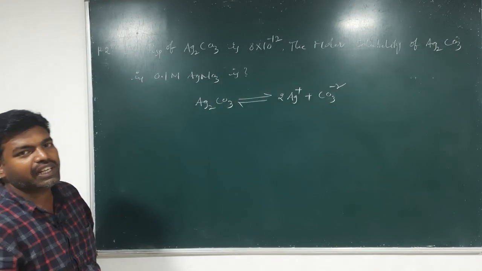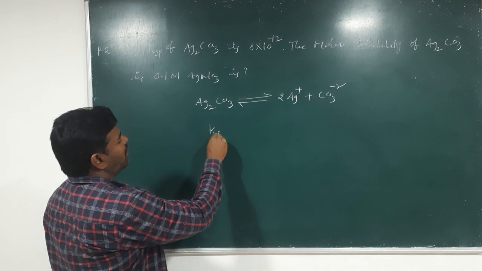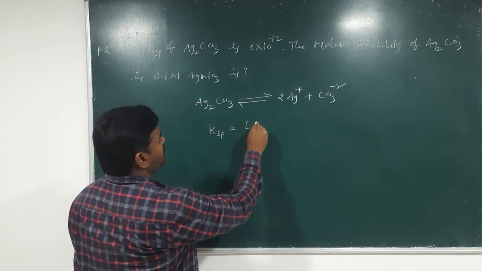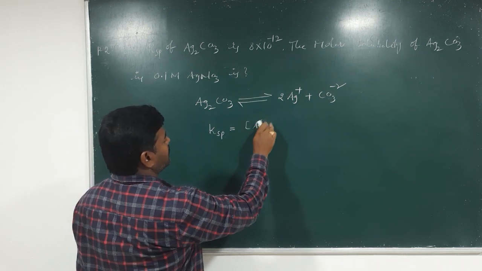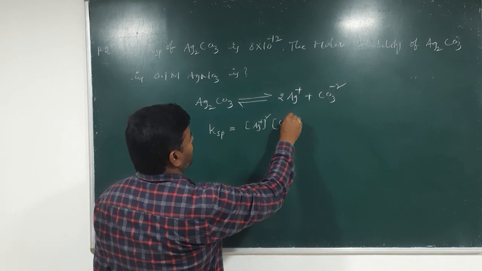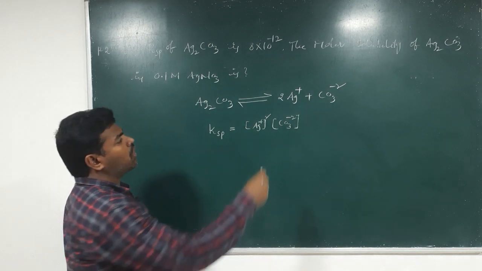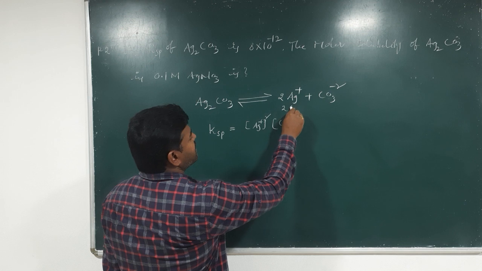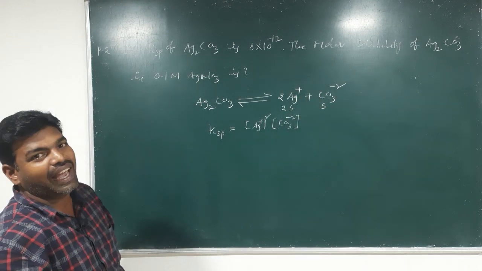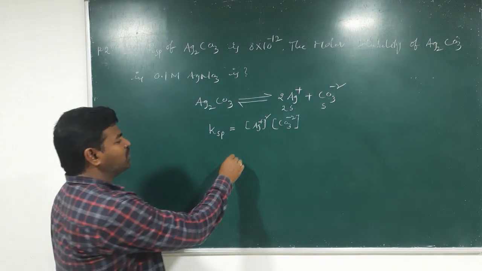They gave the solubility product, so we can write it: concentration of Ag plus whole square into concentration of CO3 2 minus. At equilibrium the concentrations are 2s and s. So we can substitute those concentrations.